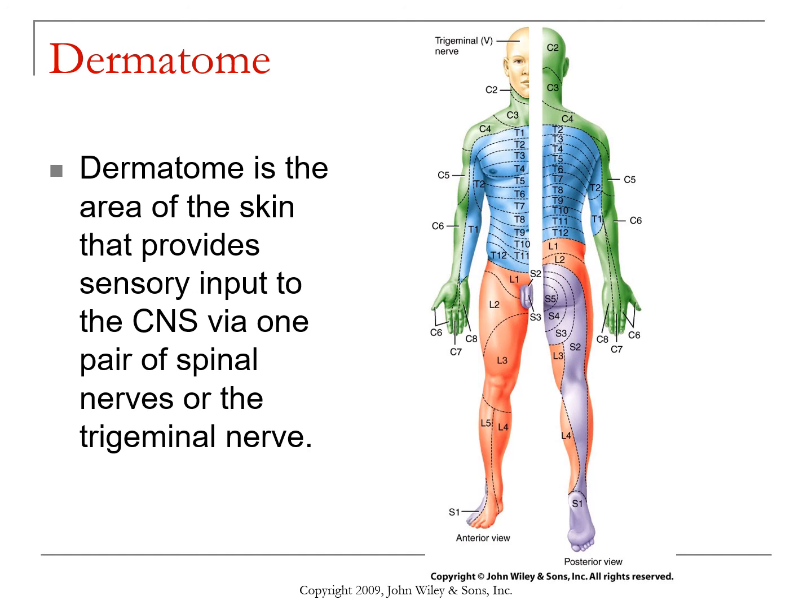So if you look at the map, you'll see that the areas of skin correlate with the spinal cord levels from the plexuses or thoracic region that we described previously.